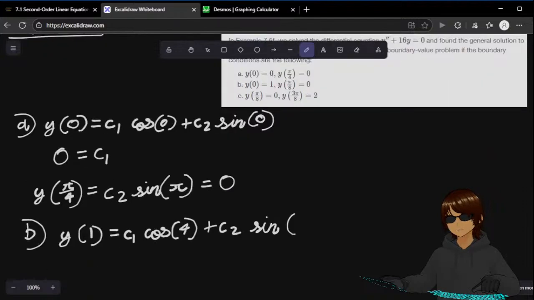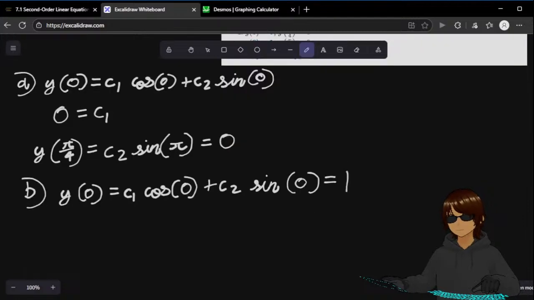Why does y(0)... y(0) is 1. Cos 0 is 1, sine 0 is 0. So C1 is just 1.